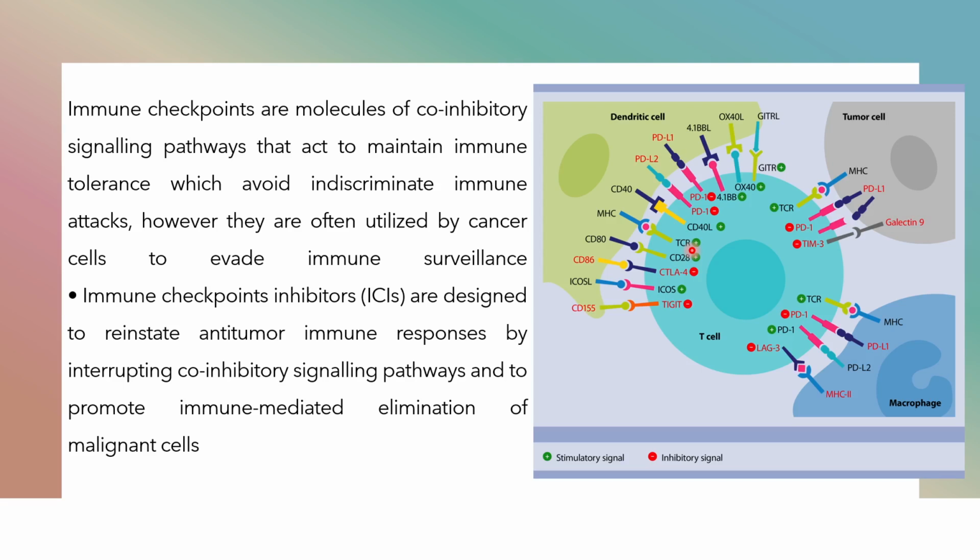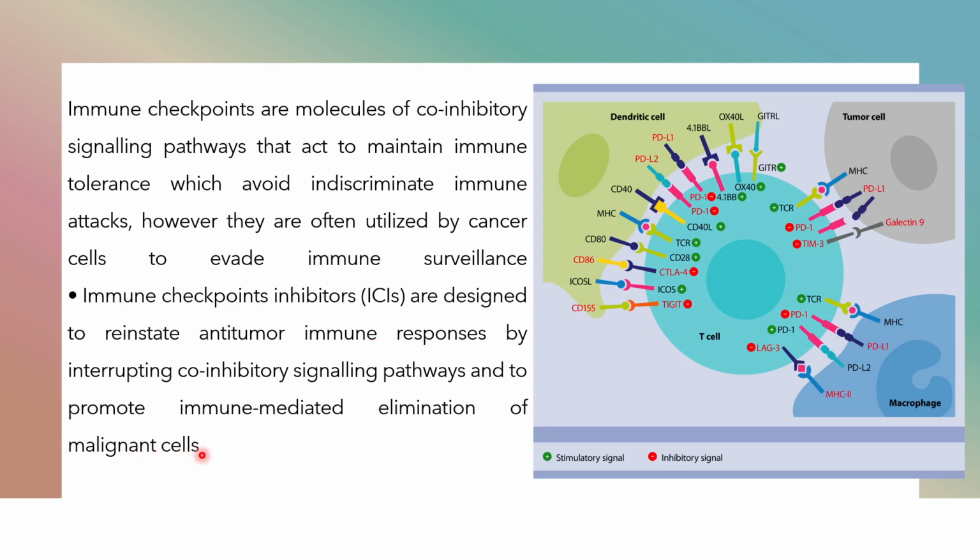So at first, cancer cells use these to increase tumor progression, but immune checkpoint inhibitors reinstate the anti-tumor activity. So what is this anti-tumor activity? That means it will kill the tumor cells and reduce the generation of tumor cells. That means it will cure the cancer in the body. Okay, and that's why it leads to immune-mediated elimination of malignant cells.